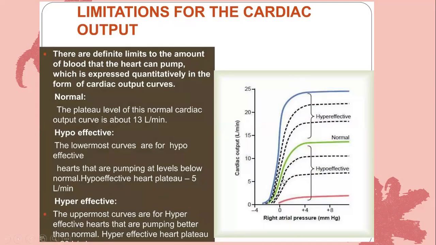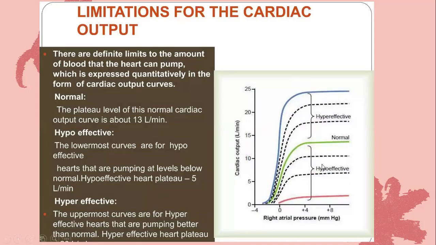When the cardiac output is normal, this is the normal level. When the cardiac output is increased more than the level, it is called hypereffective. When it is decreased more than normal level, it is called hypoeffective. There are definite limits to the amount of blood that the heart can pump.